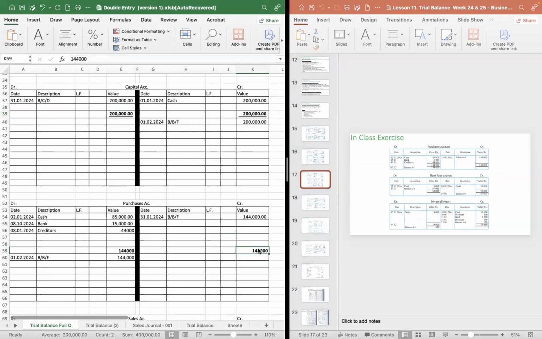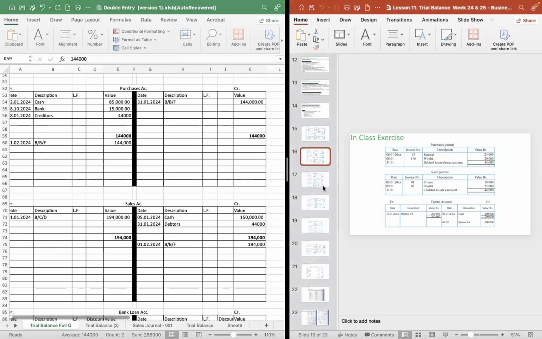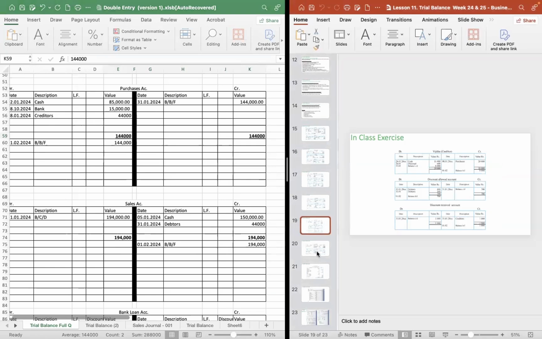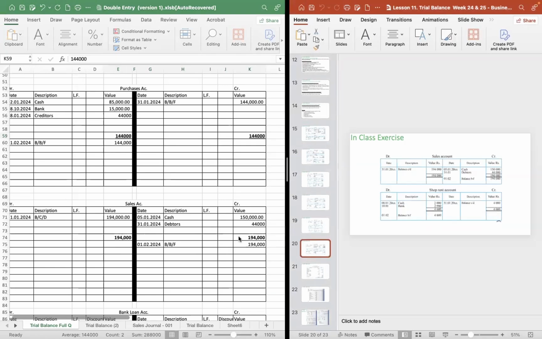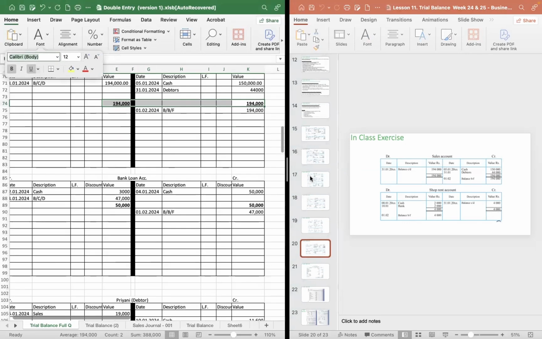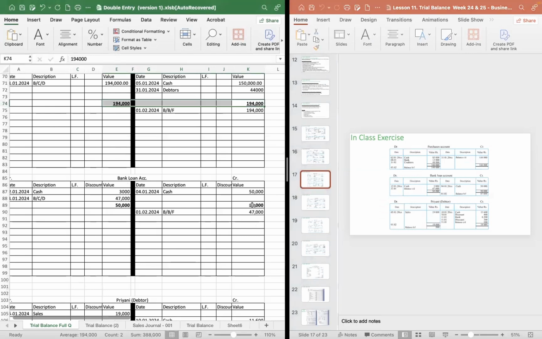Purchase account 1,44,000. Sales account 1,94,000. Bank loan account 47,000.